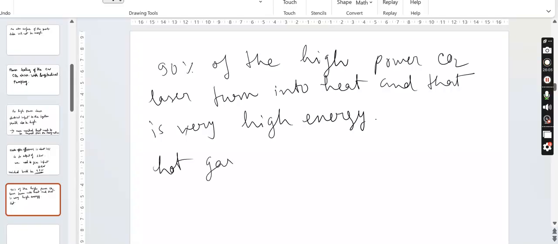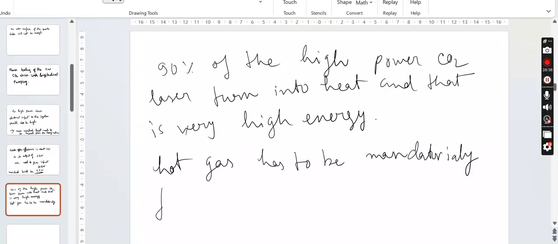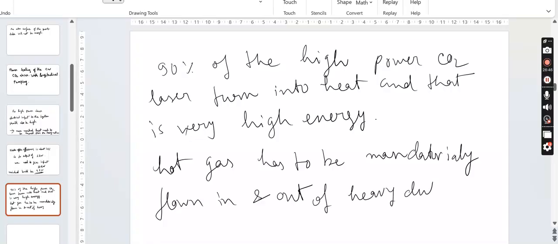The hot gas has to be mandatorily flown in and out of a heavy duty heat exchanger.